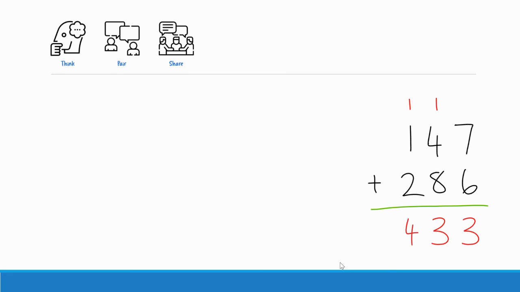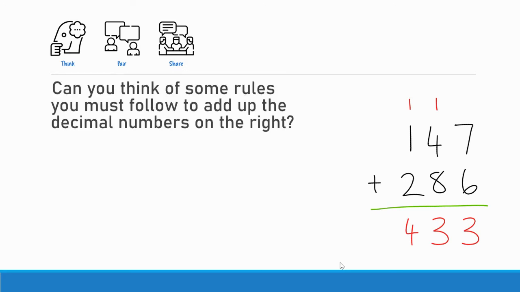Right now, though, I want us to look at just adding up in terms of a decimal number. How do we actually add up decimal numbers? If you had to explain it to someone that's never added up a number before, how would you describe adding up those two numbers there, 147 and 286?